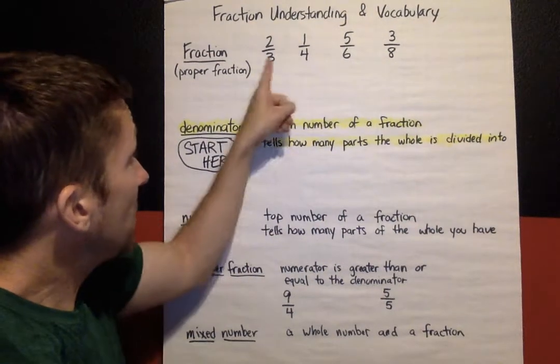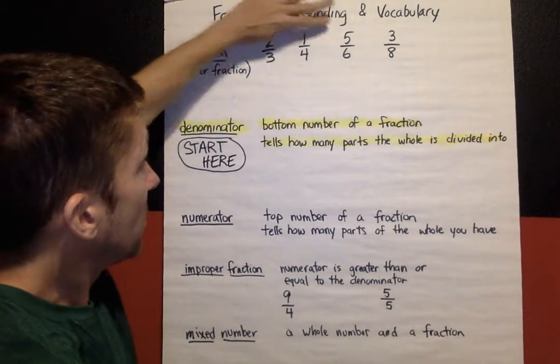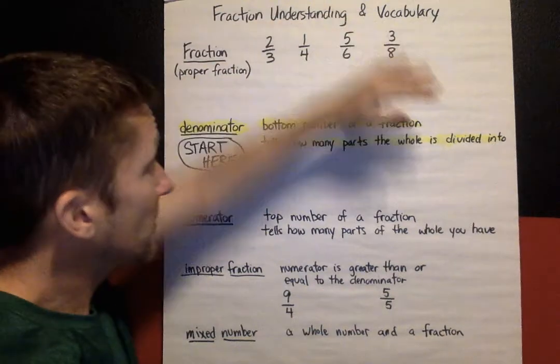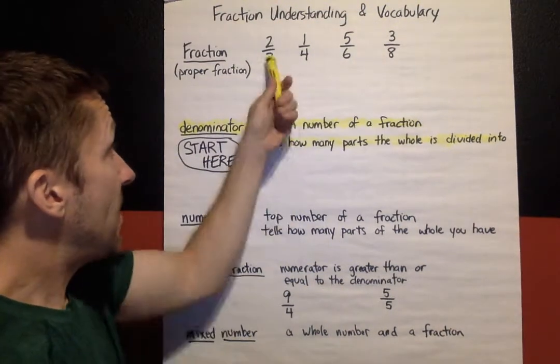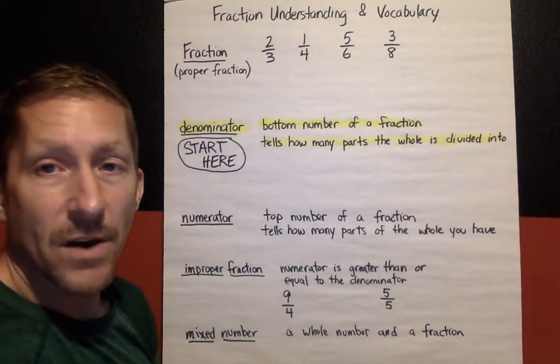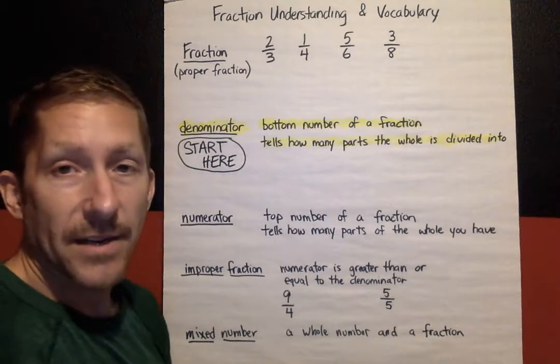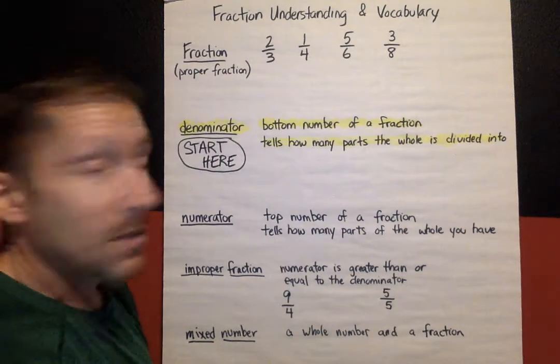So if I go back up to these fractions, I would start with the 3. Ignore the top numbers for now. Pretend they're not even there. That 3 tells me that there are 3 parts in one whole. And I'm going to do some pizza modeling with circles.